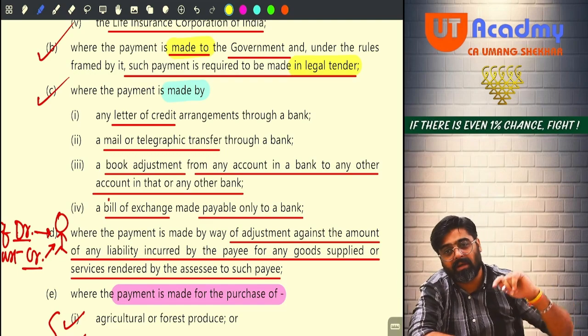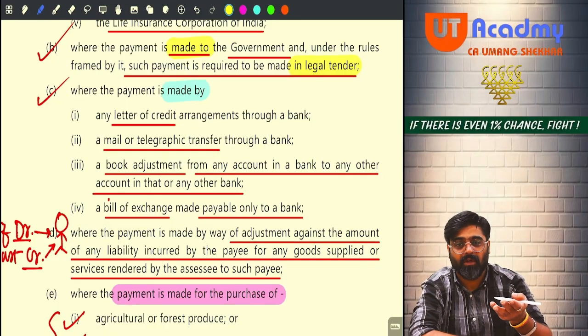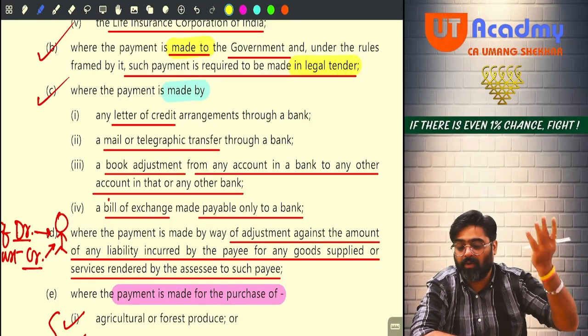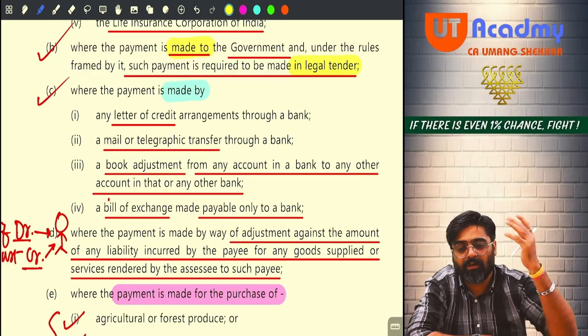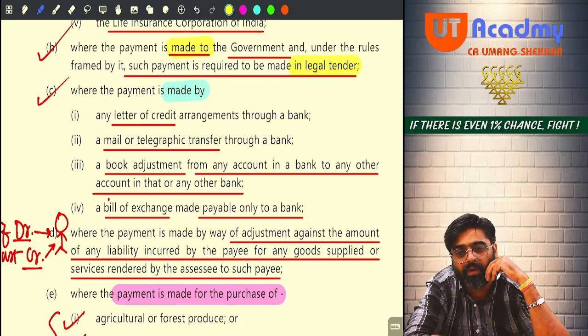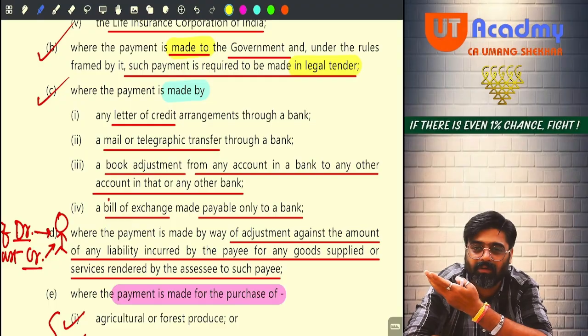Now will you go and tell the government, no government, this is my business expense, the payment which I am making to you is more than 10,000, I should pay by prescribed modes? So the government will say, who will disallow? We are the only persons who are going to disallow, no?